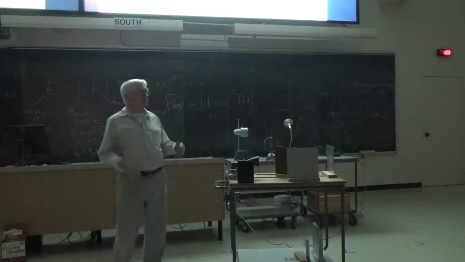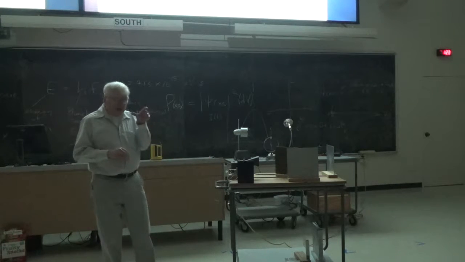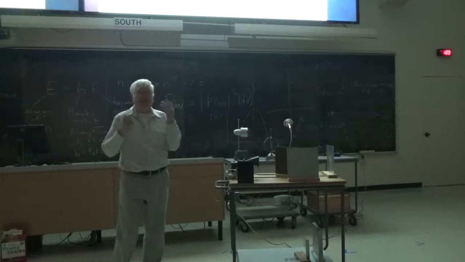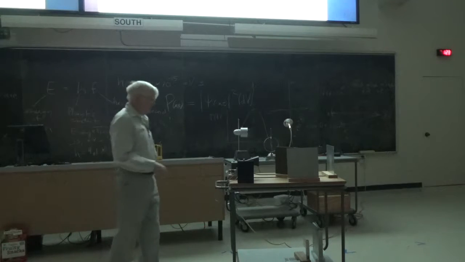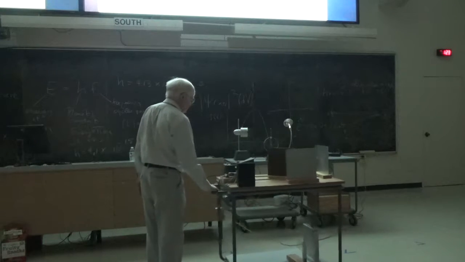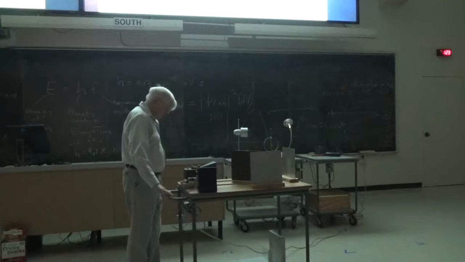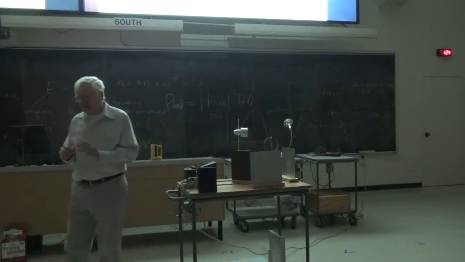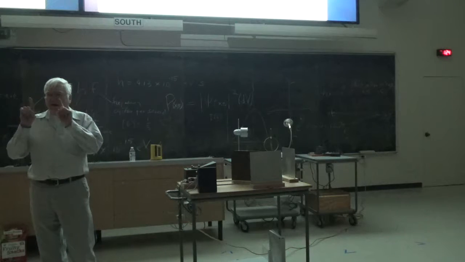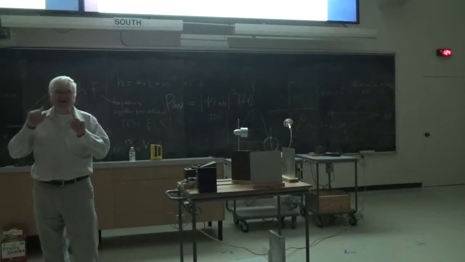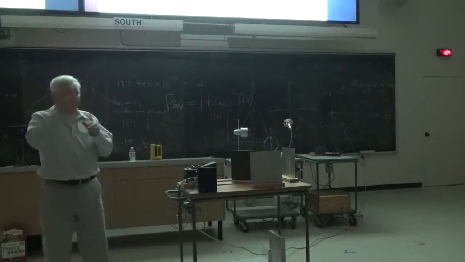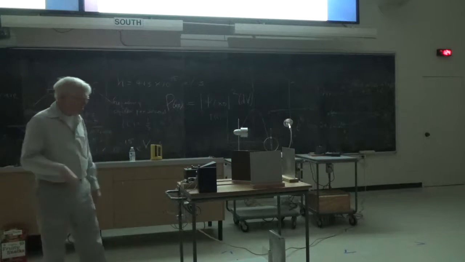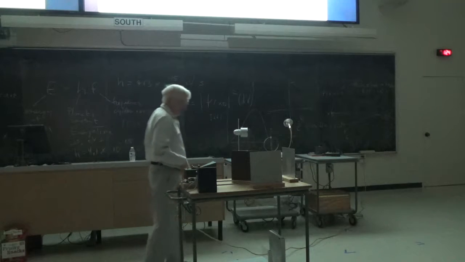On the other hand, when the frequencies are much lower and the waves are longer, then the wave properties are easier to see. And the visible light is sort of in between. You can send visible light through a diffraction grating and you get a pattern on the screen. And we've done that a couple of times.